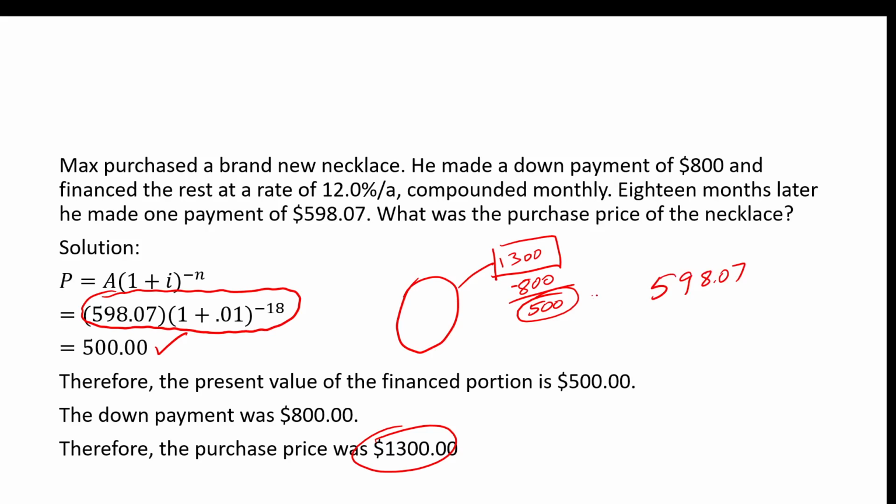Now, obviously, 1.5 years later, they're going to want more than just the 500 that was owed because money grows over time. It's the cost of doing business. Max is going to have to give them more. So Max actually has to give 598.07 to make up for the 500 that he owed a year and a half ago. So that's how one of these questions works, okay?